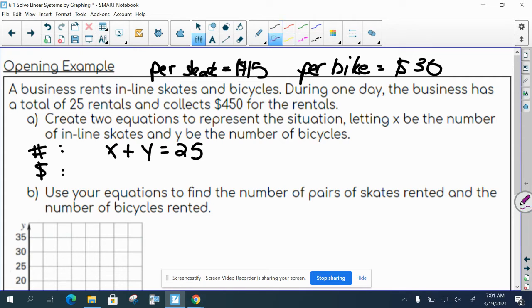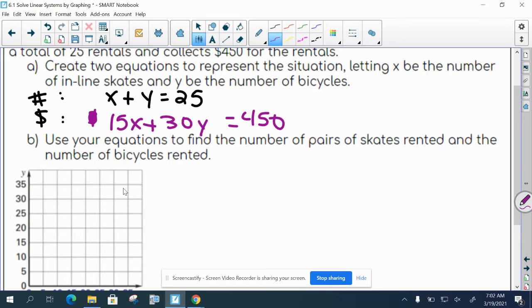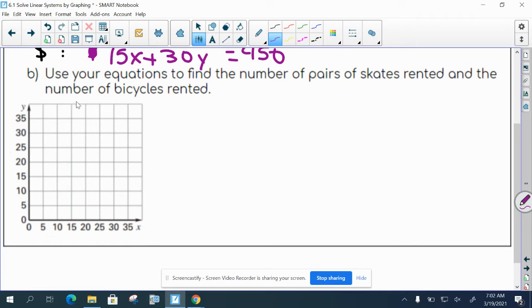The second equation includes the price: $15 per skate, so 15x, plus 30 per bike, so 30y, equals the total amount collected, 450. Then use your equations to find the number of pairs of skates rented and the number of bicycles rented.